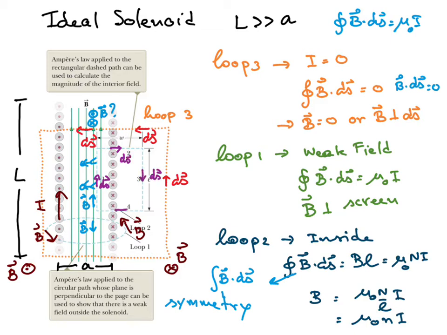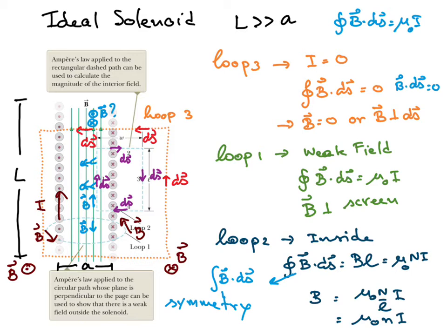If you point your thumb into the plane of the screen, which is the same direction as the current here, and you curl your forefinger, it will curl in the clockwise direction like this. Now we have ds on loop number 2 pointing in the clockwise direction like this.